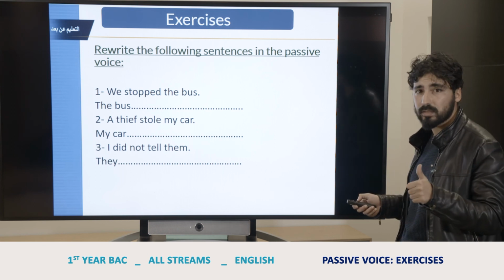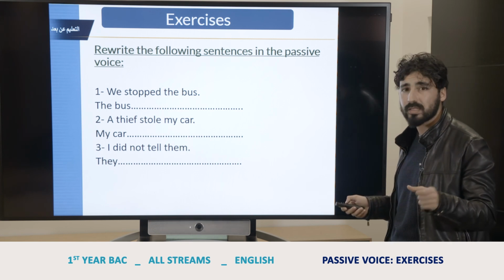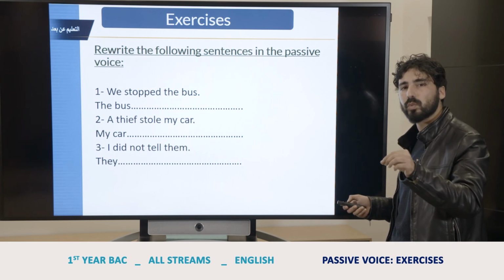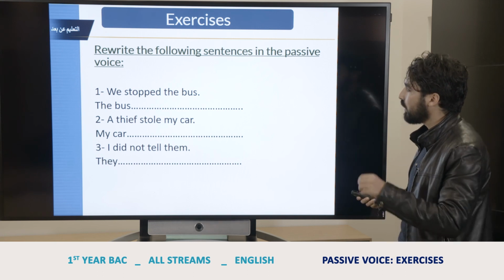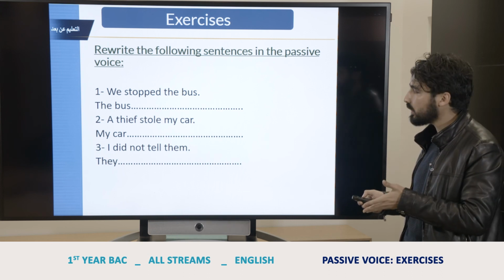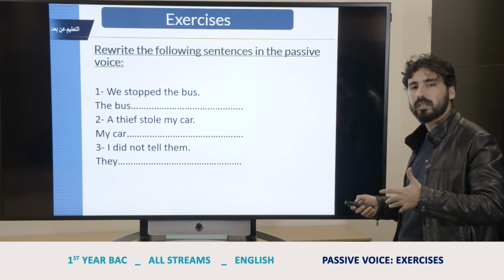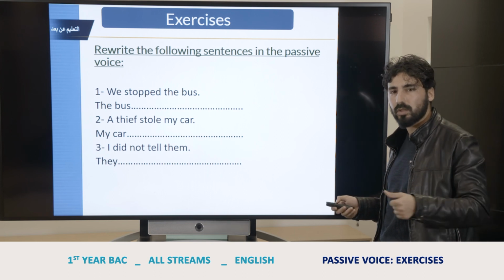Stopped, ed, it's a regular verb. We add ed. Number 2, stole, it's an irregular verb. It's in the list that we have at the end of our English textbooks. Did not tell is the past, but here it's negative. It's not like the present where we say I don't. In the past we say I did not or didn't.